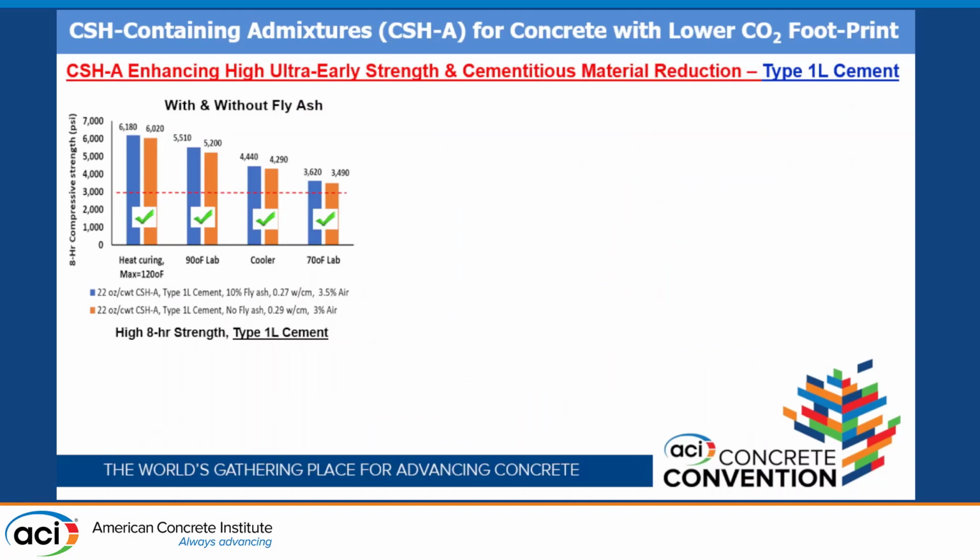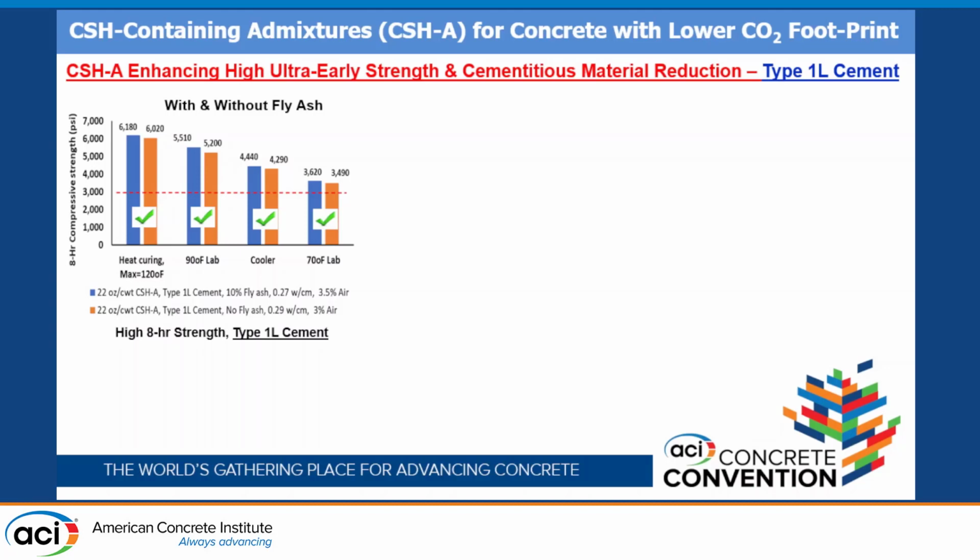So recently, in the US, we're starting to use type 1L cements. Type 1L cement is an integral blend of limestone together with ordinary Portland clinker. Okay, so we want to see if this admixture works with type 1L cement or not.